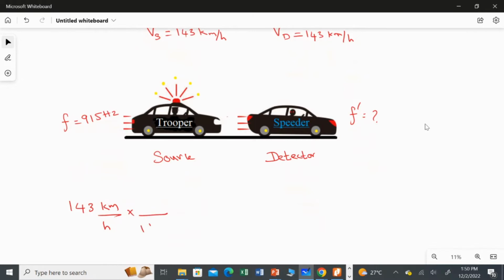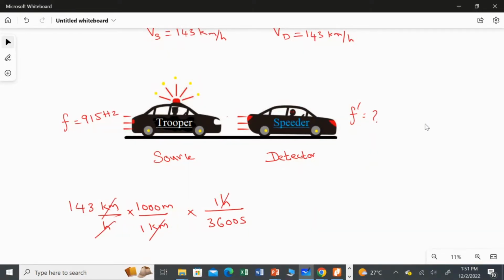In 1 kilometer, we have 1000 meter, right? Likewise, in 1 hour, we have 3600 seconds. How we got 3600? 60 multiplied by 60. 60 seconds, 60 minutes in 1 hour, right? So by that, we can easily cancel kilometer with kilometer.